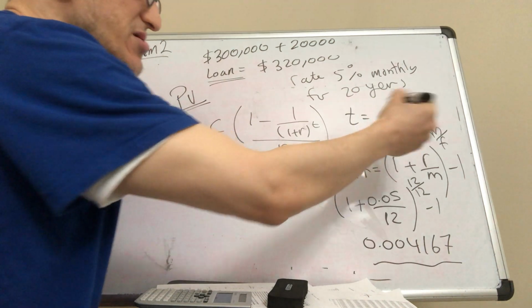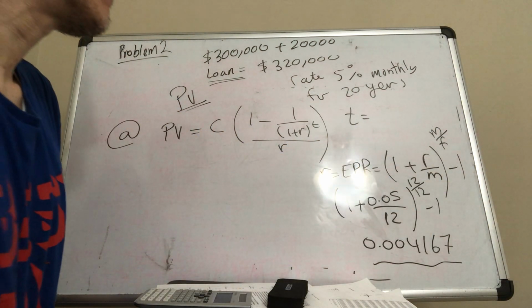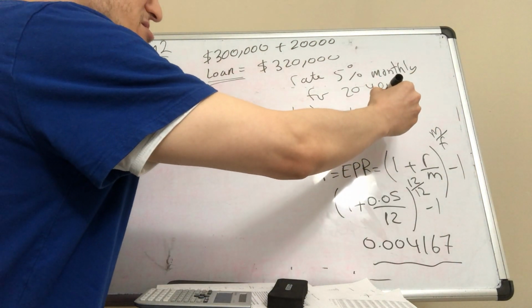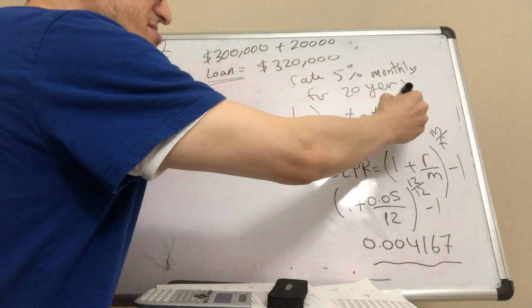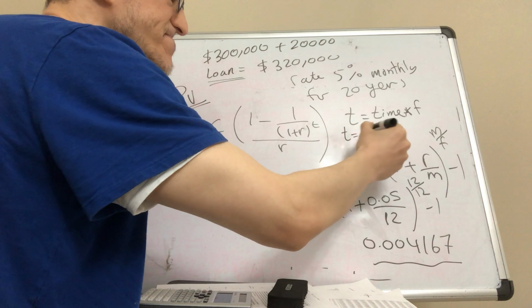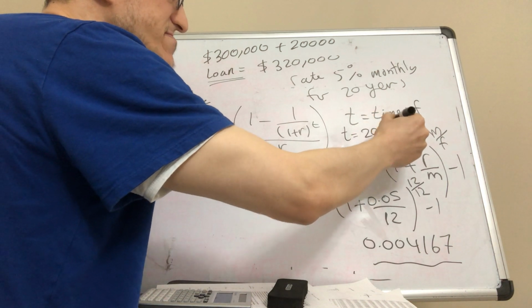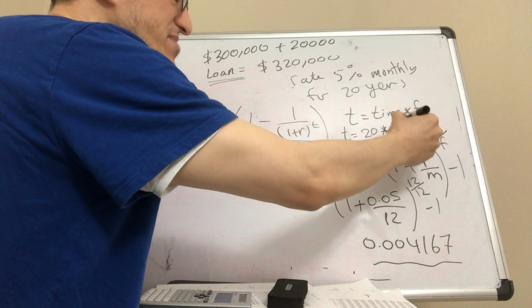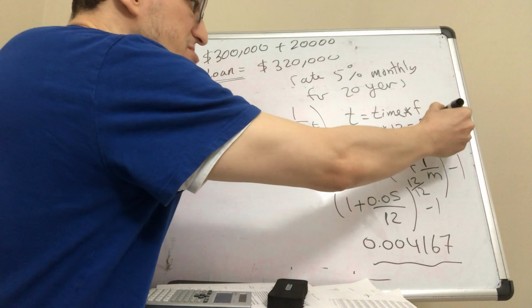T would be the total number of payments. So you take whatever the period is times whatever the frequency of payment. 20 years, you're making monthly payments, 240.